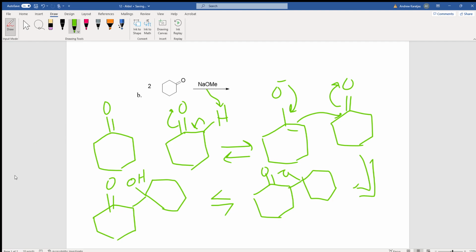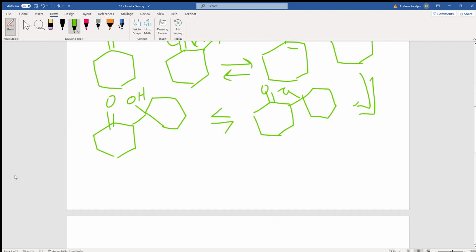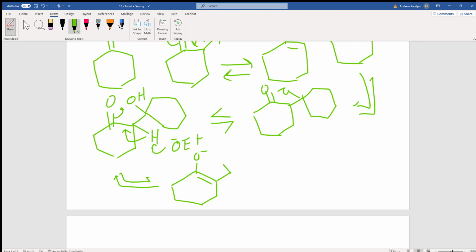And then to finish the reaction, we have our two-step E1CB reaction. So a second alpha proton is removed. We form a new enolate. And then the enolate triggers the elimination by reforming the carbonyl, and we kick out the leaving group.